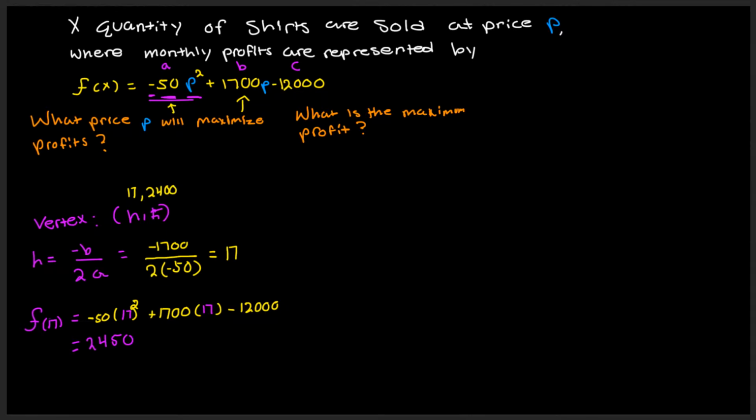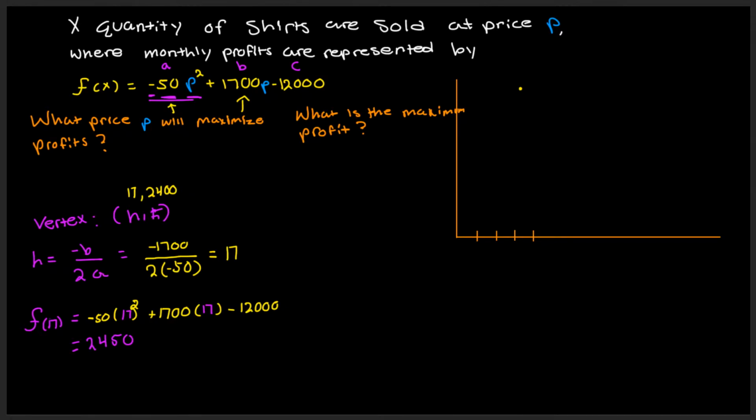So let's go ahead and try to visualize what this is actually doing. Now, we've got a graph and we've got a vertex somewhere up in space. We put it up there because we know it's a negative parabola. It's going to be going down and our vertex is going to be our maximum, which is going to give us the answers to our questions.